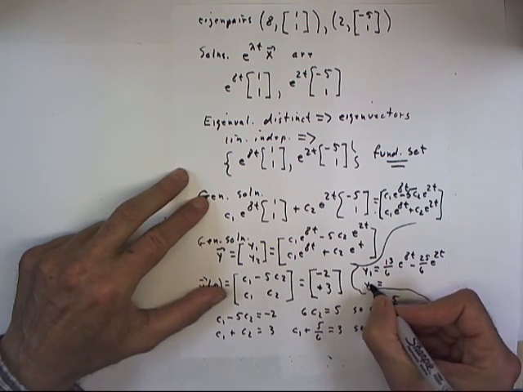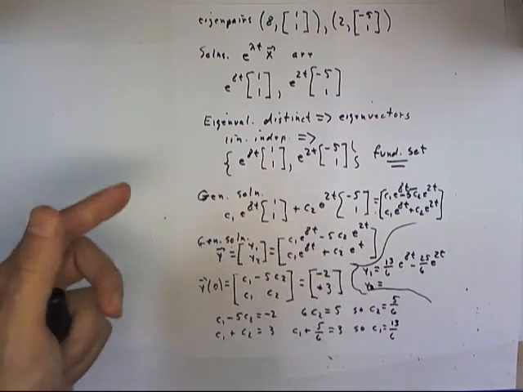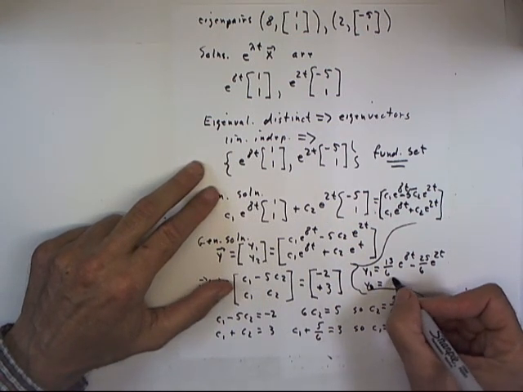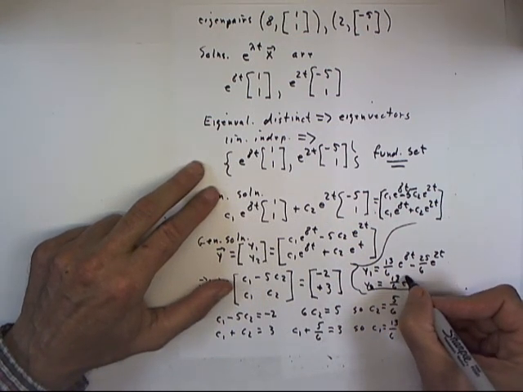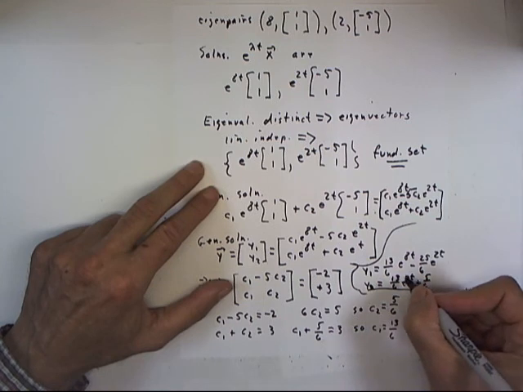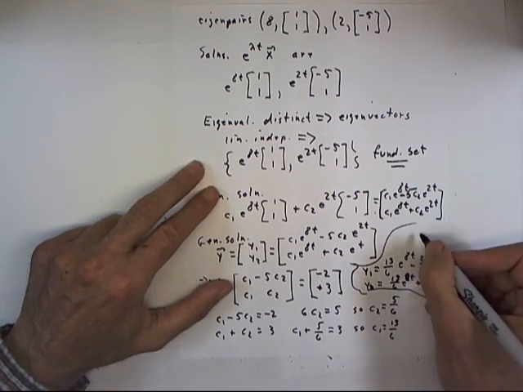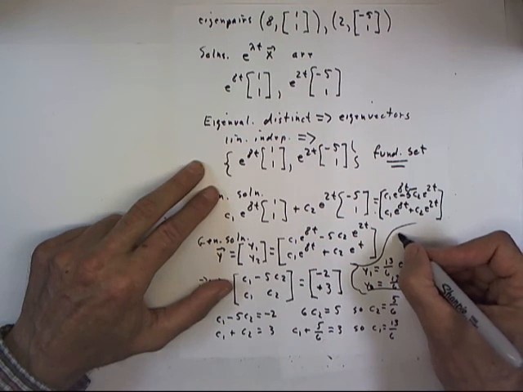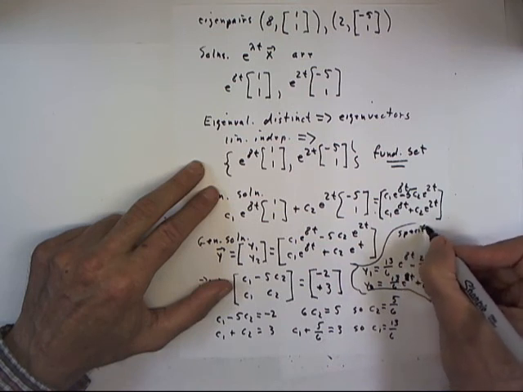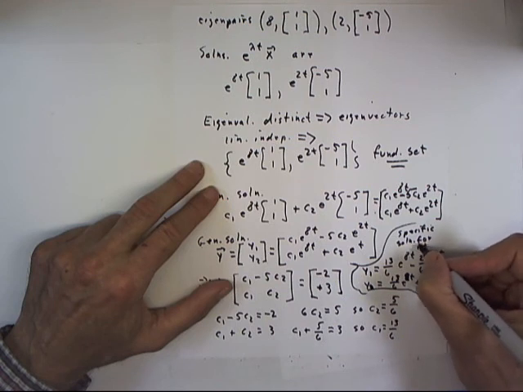y2, and it's going to get a little crowded here, unfortunately. But our y2 solution is going to be c1 e to the 8t plus c2 e to the 2t, and that's just going to be 13/6 e to the 8t plus 5/6 e to the 2t, and this is our specific solution for the initial condition.